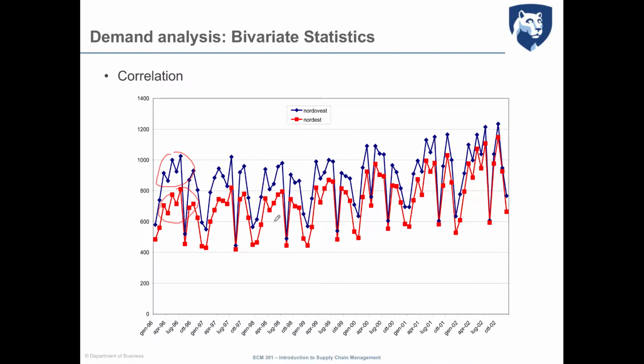As you can see, even if they are not the same, they have a similar trend, a similar pattern. So it means that these two demands are correlated. It is useful to understand if two demands are correlated, or if a demand is correlated with another variable, because if the other variable is more manageable, focusing attention on that one can also be useful to make forecasts and predictions about the main demand that we want to analyze.